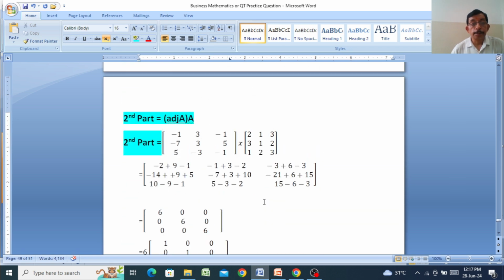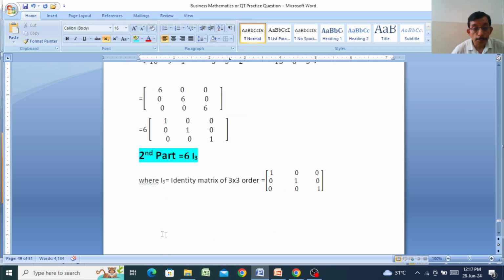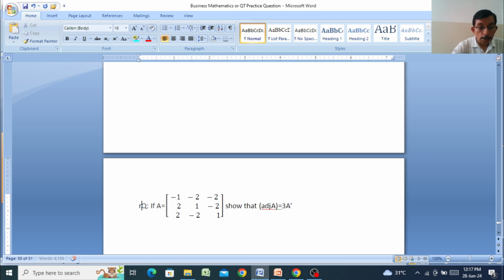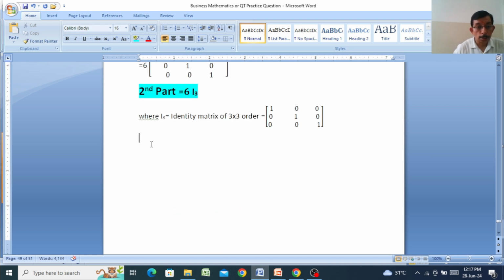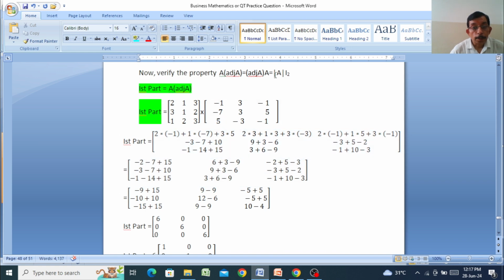Now take the last part. Last part is equal to the third part. Third part equal to the last part.